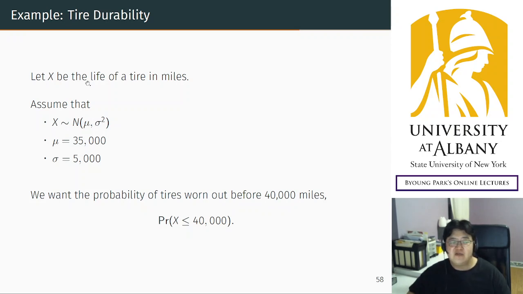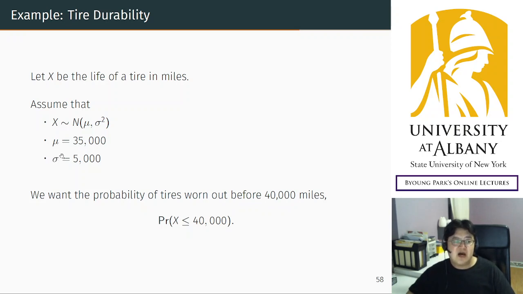Suppose that the tire mileage, tire life, follows a normal distribution, but I assume that the mean is 35,000 miles and sigma, the standard deviation, is 5,000 miles. By the way, I am using sigma, not sigma squared here.